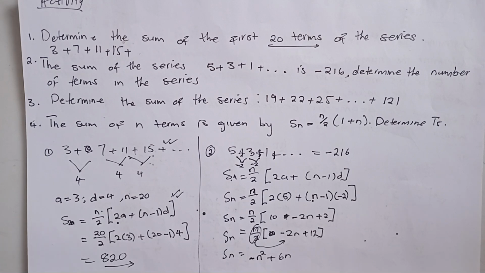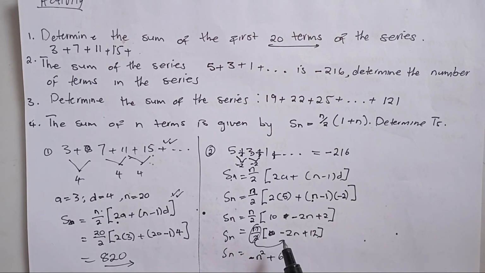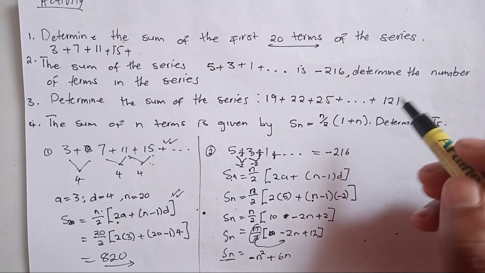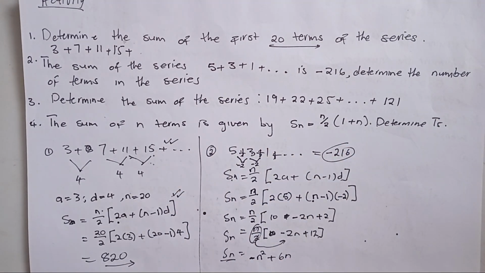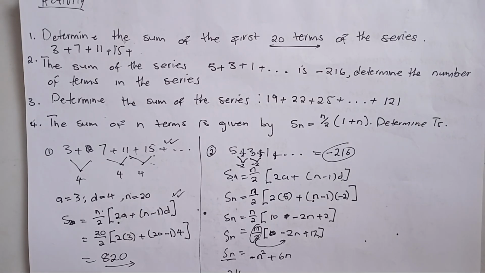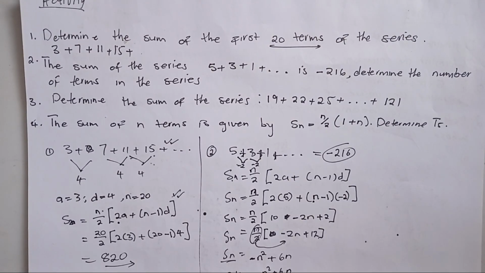So here we know that Sn, the sum of all the terms, is equivalent to minus 216, which is equal to minus n squared plus 6n. And then we have to work on something like that right now.